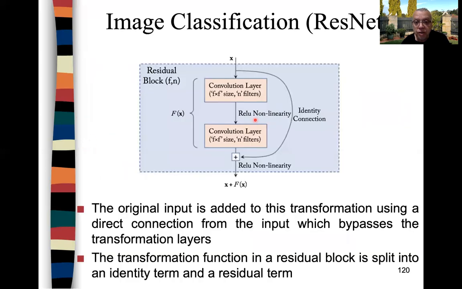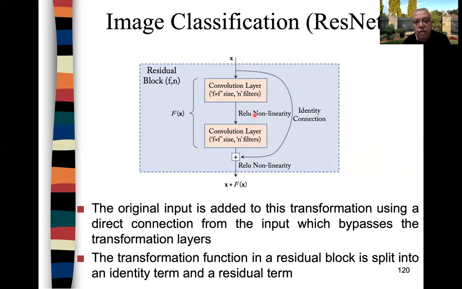As an explanation of why this operation should not affect the performance: the output of the ReLU is either 0 or positive.